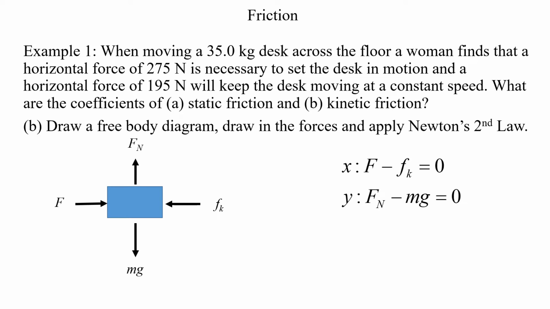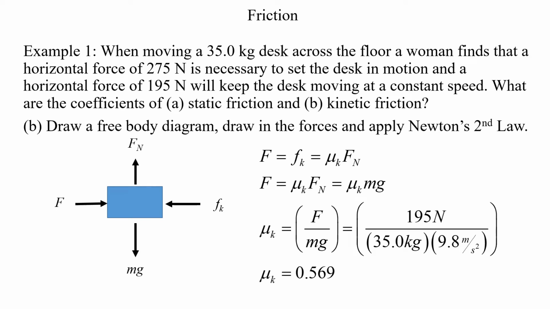So we follow a similar procedure as we did for part A to get the coefficient of kinetic friction. So we have the kinetic friction, F sub k, equals mu sub k times force normal, and that's going to be equal to our applied force. So our applied force equals mu sub k force normal, which is equal to mu sub k mg.